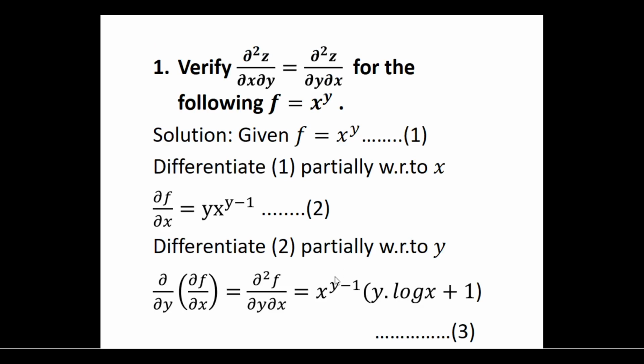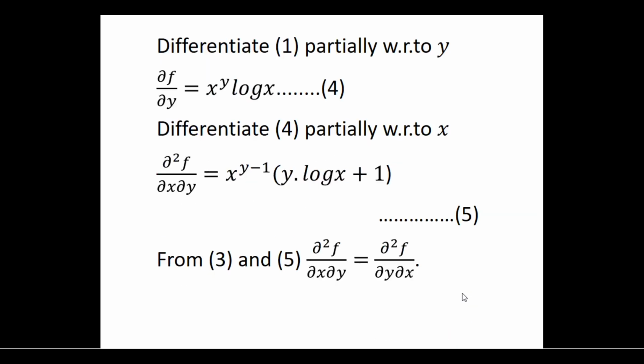It's x^(y-1) times (y log x + 1). Again, what is equation 5? It is the same. Therefore, ∂²f/∂x∂y is equal to ∂²f/∂y∂x, so the mixed partial derivatives are equal.